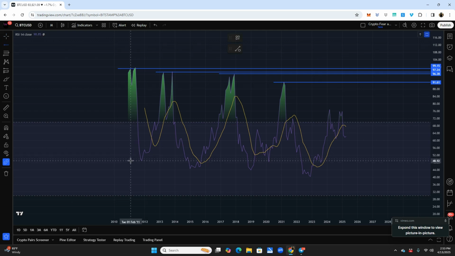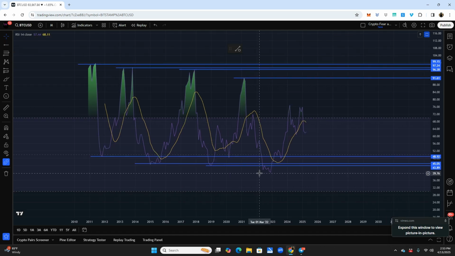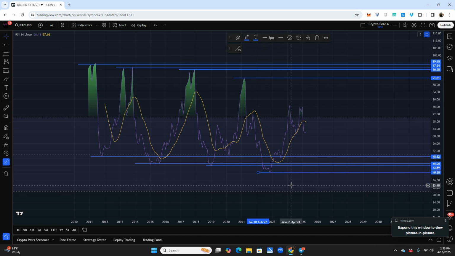Now we're looking at the bottoms of the market. The next one is lower, right? So the trend is continuing to be lower. When you bottom in the market, it's most likely going to be lower than the last one. You don't know how much lower, but it has typically been lower.